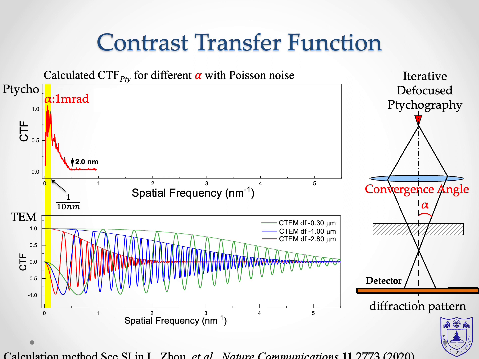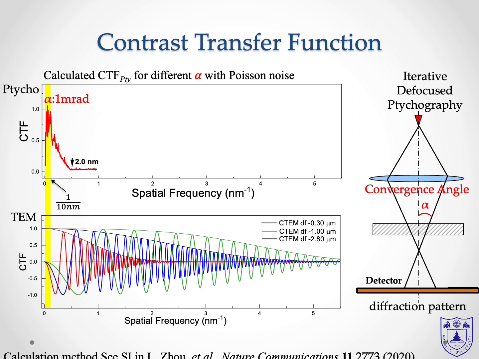That is consistent with the experimental observations, which means ptychography phase is not affected by the contrast reversal over the entire spatial frequency range recovered, and consequently, the resulting data can be interpreted directly and intuitively.